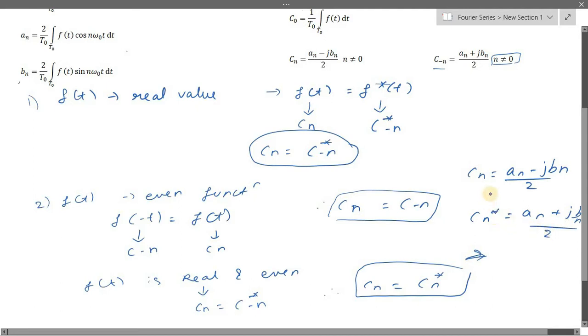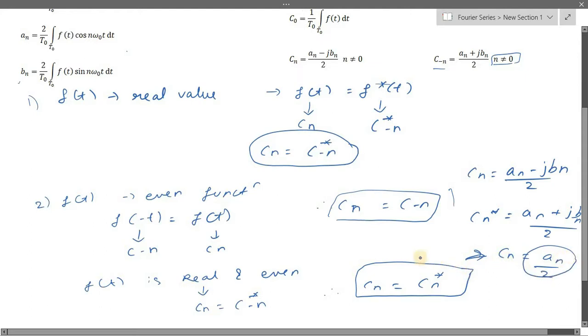Now to make these two equal, what should be done? You can see a n by 2 is same, but minus j b n and plus j b n by 2 is different. So to make c of n equal to c of n ka conjugate, c of n should be a n by 2. Basically there should be only the a n term, the b n term will be 0.